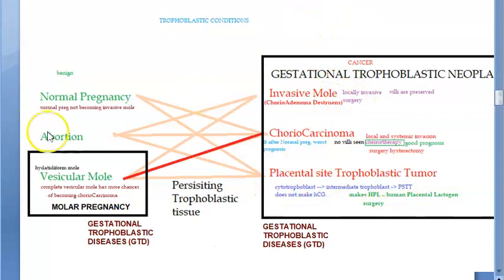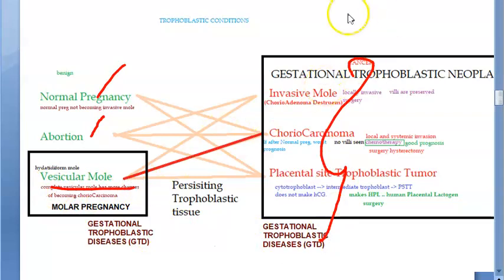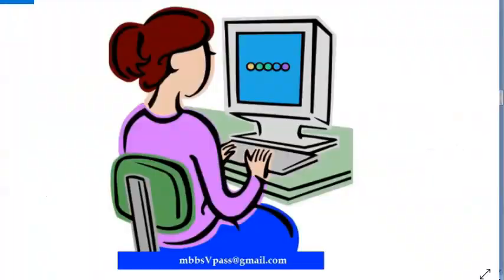So many terminologies, right? Basically here we have the benign ones, here we have the invasive ones, you can say. This is normal pregnancy, normal abortion, that also can lead to some of these neoplasms. Vesicular mole is when there is incorrect fertilization and there is a molar pregnancy. Those also can lead to these neoplasms. Is it becoming too much, guys?